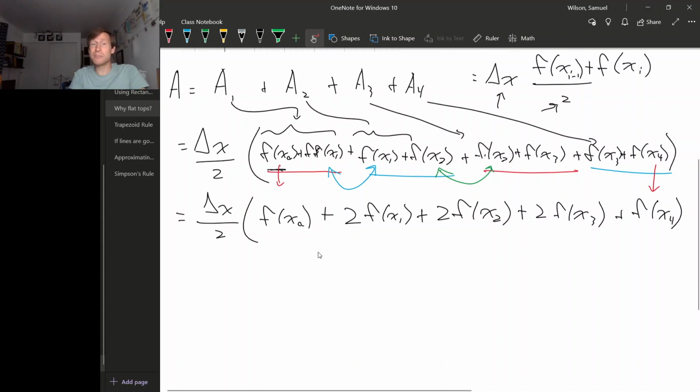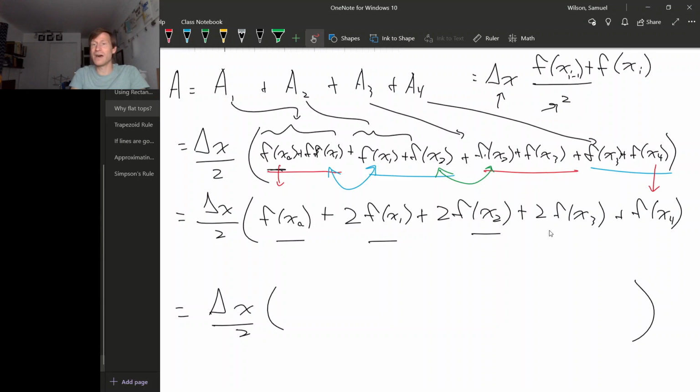So to get trapezoids, we still have a delta x, but a delta x over 2, and the function at our data points, remember these values typically come from data points, has a pattern of coefficients. The pattern is 1, and then 2, 2, 2, 2 in the middle, and then 1 at the very end. The way we'd usually write that is f of x sub 0 plus 2 times f of x sub 1, plus dot dot dot.